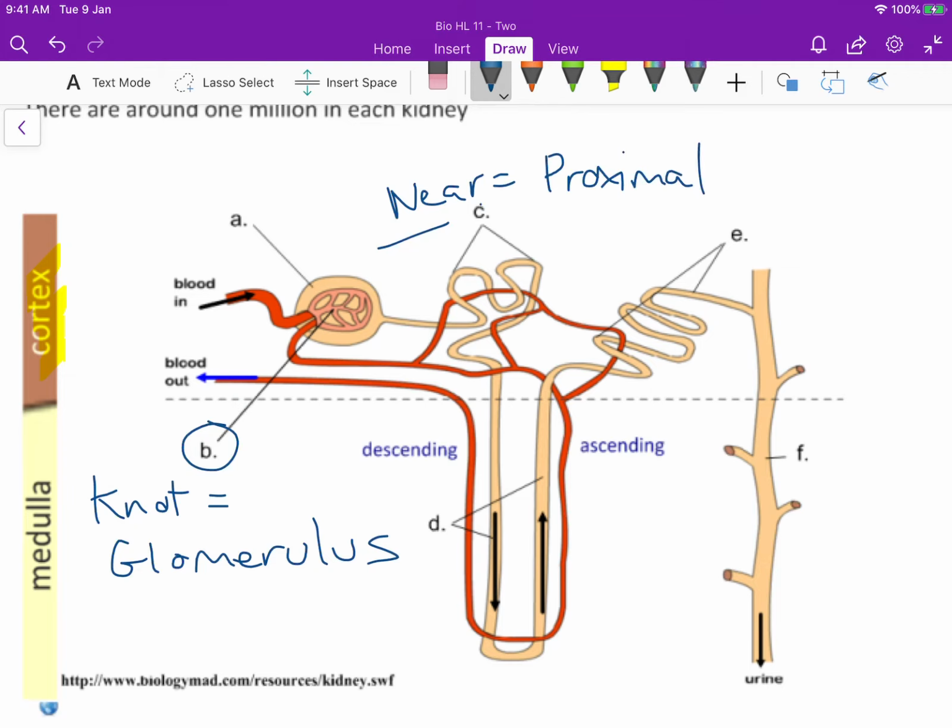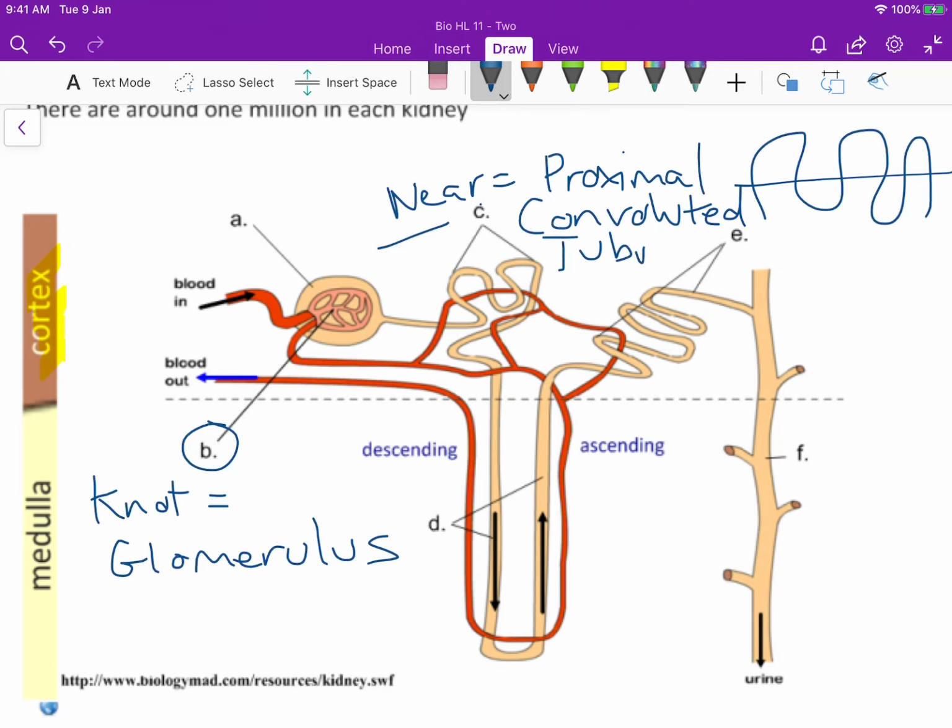That means nearby. And the tubule goes backwards and forwards. It doesn't take a straight path, so the word for this is convoluted. So it's the proximal convoluted tubule, the PCT.